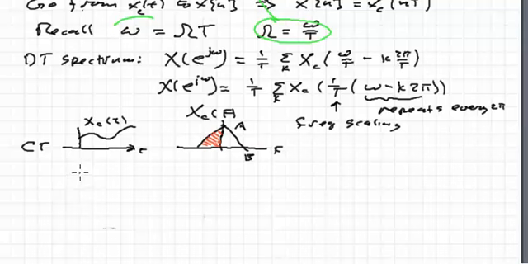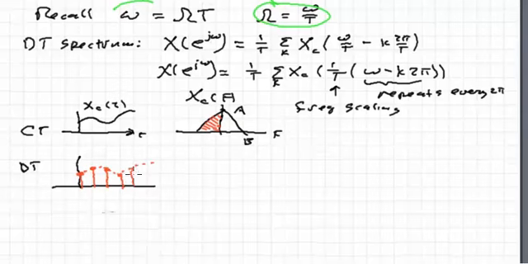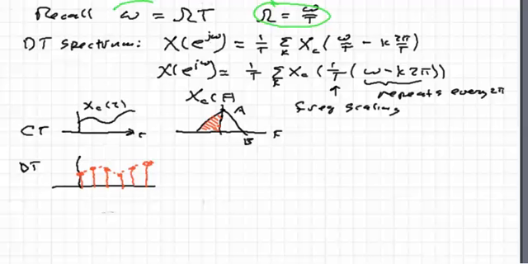When we go to discrete time, we can draw a straight line, discrete time. Now we get this original signal, but now we're drawing it as a stem plot. Each one of these lines represents a single element in a vector that we call x of n.